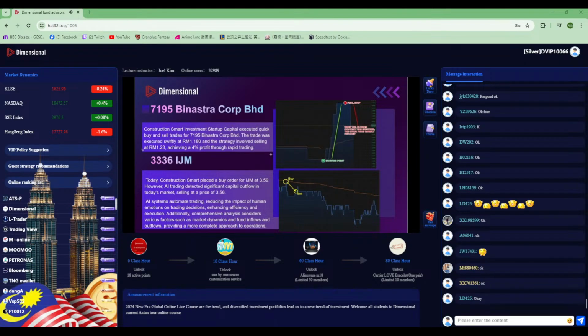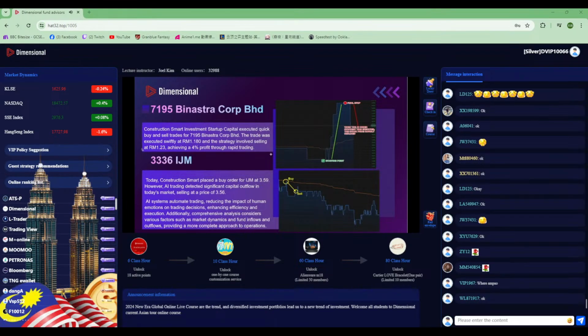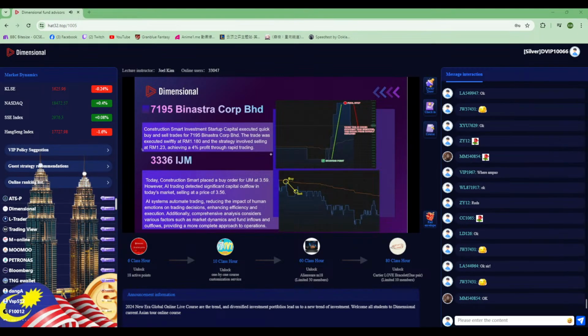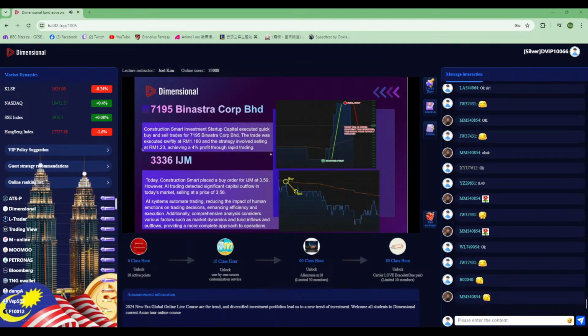And yesterday, construction smart AI engaged in day trading with 7195. Remember this stock code, 7195, which achieved approximately 12.4% profit, then executed a sell order, right? And today, Construction Smart placed a buy order at IGM at 3.59.